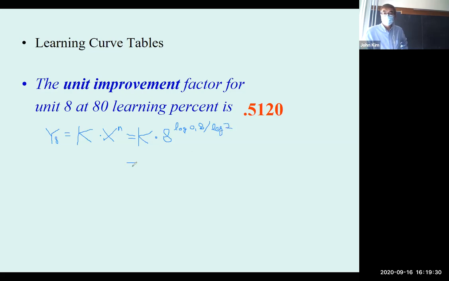So that is k times 8 to the power of log 0.8 divided by log 2, that is negative 0.32193.